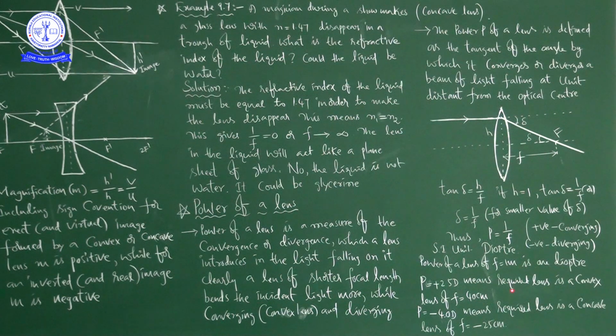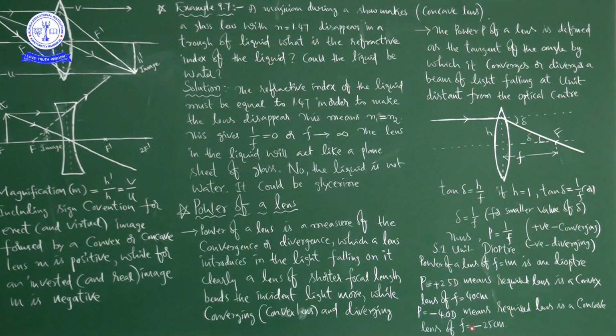Next, for example, when we go to meet an eye specialist, he advises us to take a lens of certain focal power. On the prescription slip, the doctor will mention whether it is plus 1D or plus 2D or plus 2.5D, based on the degree of eye problem we have regarding the sight. Suppose he mentioned plus 2.5D, it means the required lens is a convex lens of focal length 40 centimeters.